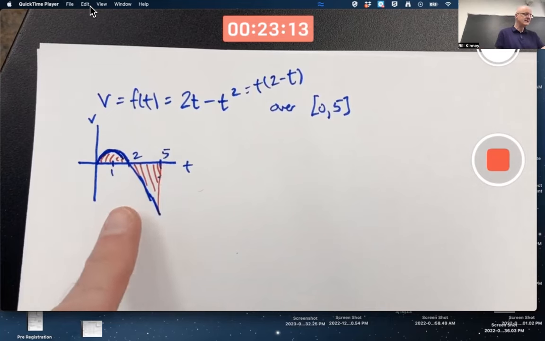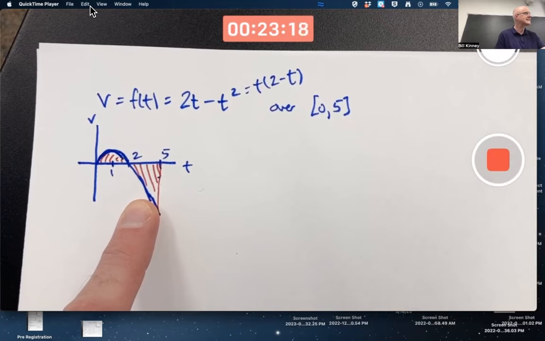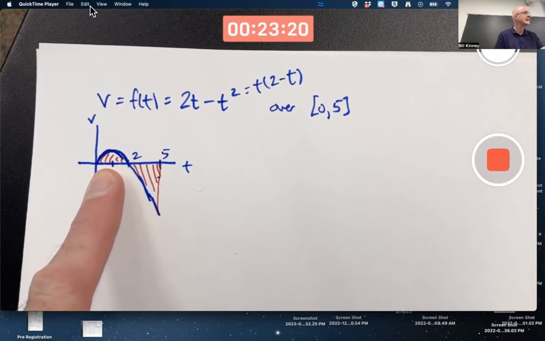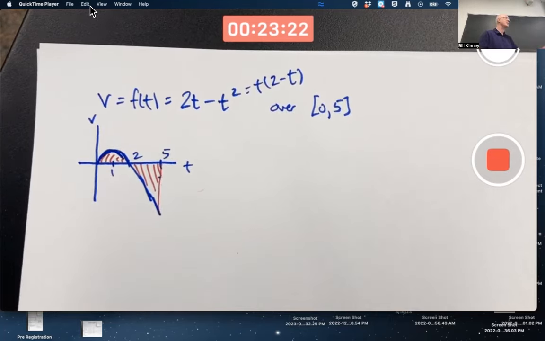You can see the area when the graph is below the axis is bigger than the area when it's above the axis. Probably we're going to get a negative value for the integral, meaning the change in position is negative. If you think of rightward motion as positive and leftward motion as negative, the bug is going to end to the left of where it started. It's moving back and forth, going to the right first, then turns around at t equals 2 and goes back to the left, and probably ends up further to the left of where it started.